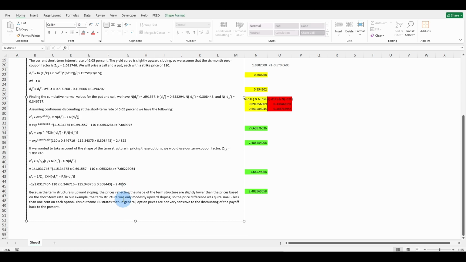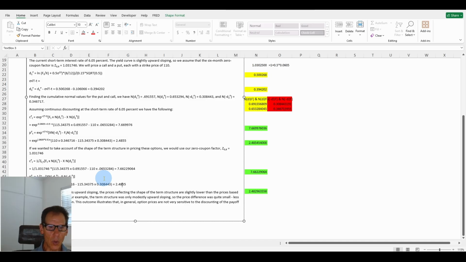Because the term structure is upward sloping, the prices reflecting the shape of the term structure are slightly lower than the prices based on the short-term rate. In our example, the term structure was only modestly upward sloping, so the price difference was quite small, less than 1 cent on each option.